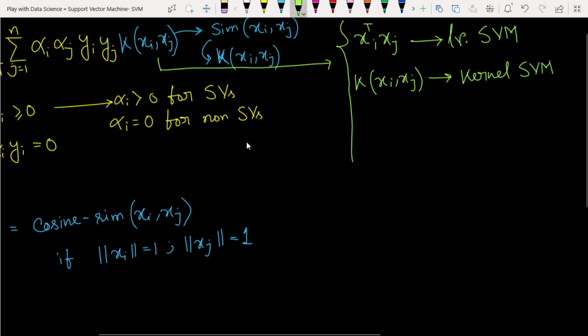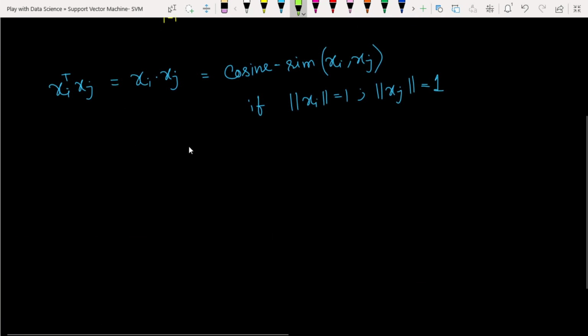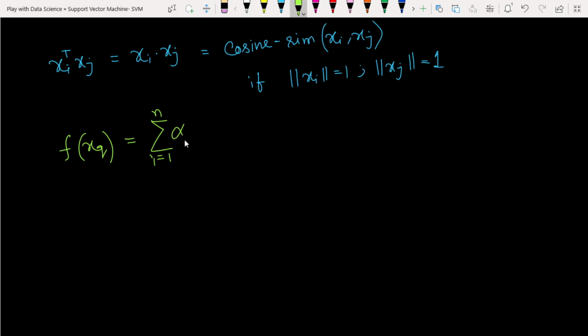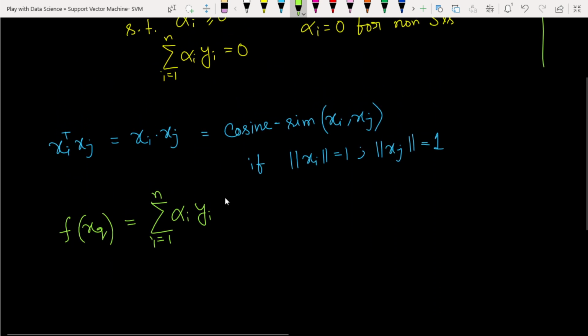Similarly, let's remember our query function. This is our x_q, the sum for i equals 1 to n of alpha_i y_i. In the query function, as we saw in the previous lecture, we use xi transpose x_q, plus b.